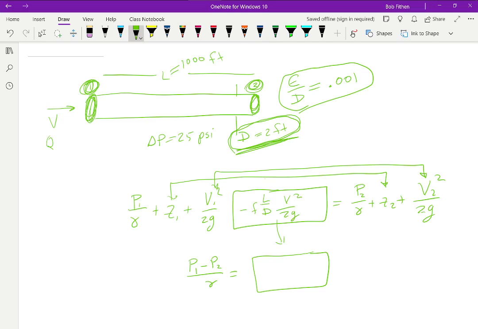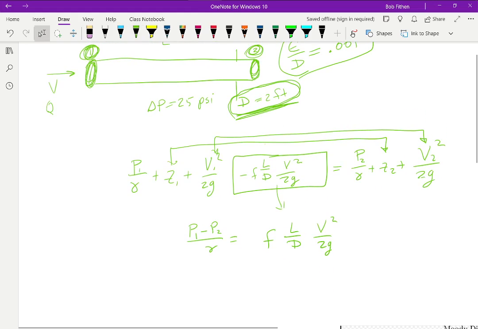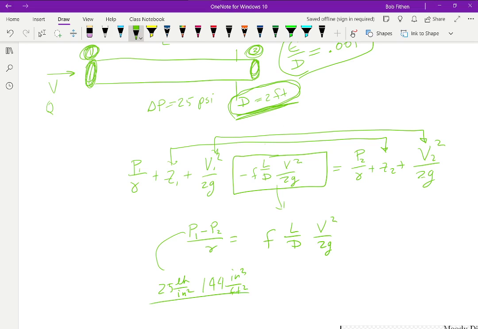So you have this. Now, we've already decided this is 25 pounds per inch squared, times 144 inches squared over feet squared, over 62.4, if it's water.